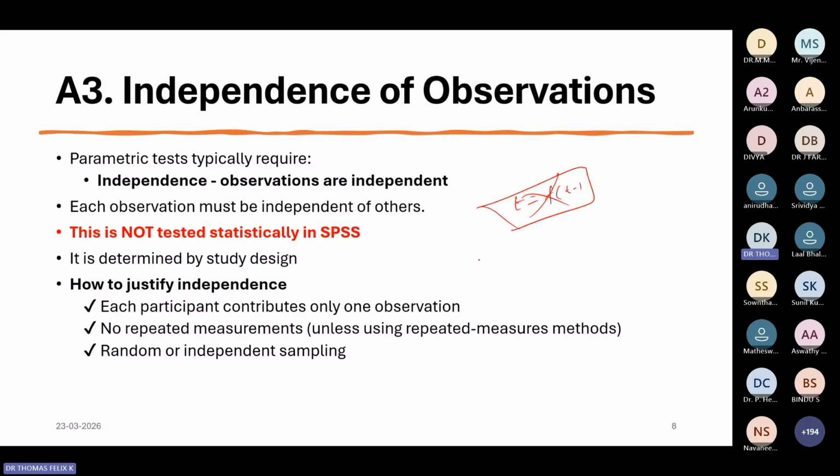So far, I just want to give a summary. The first one is we have seen the normality assumption. The second one is we have seen the homogeneity of variance.